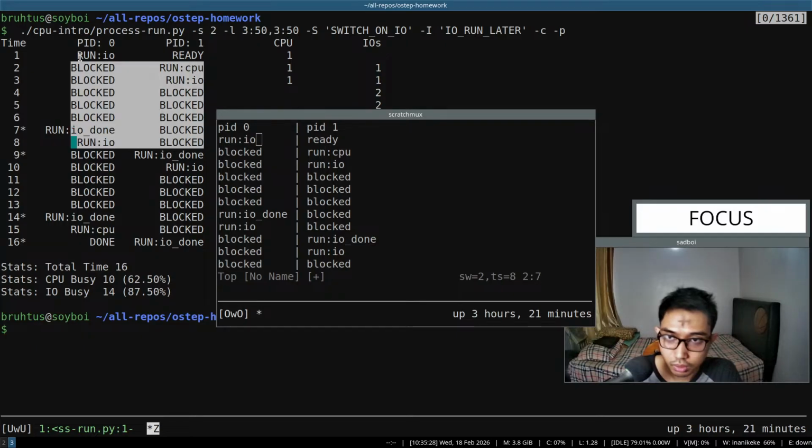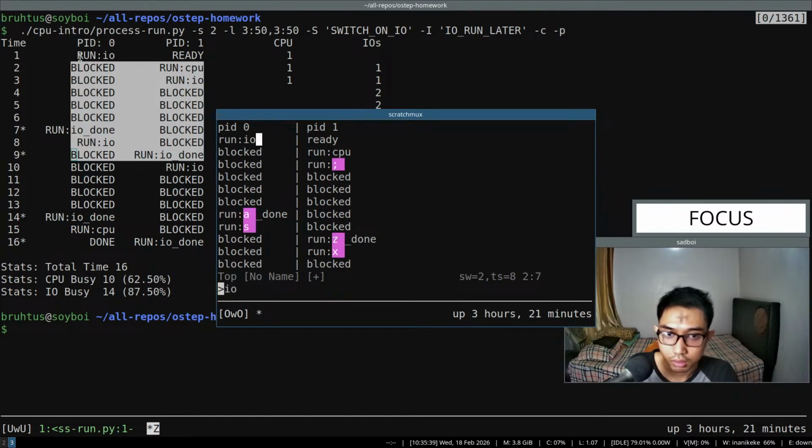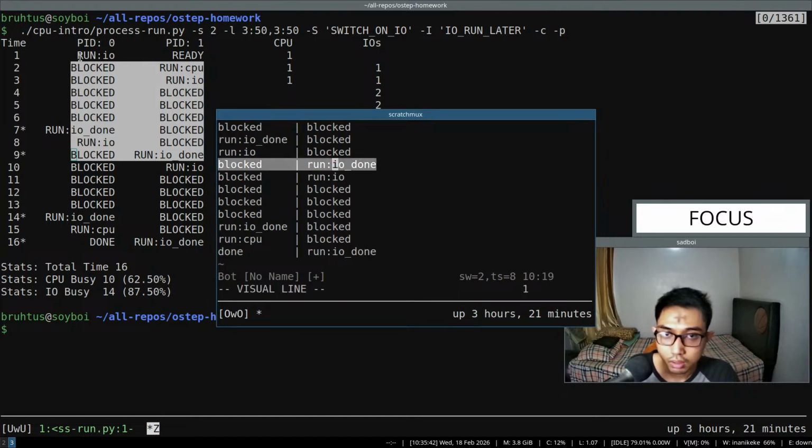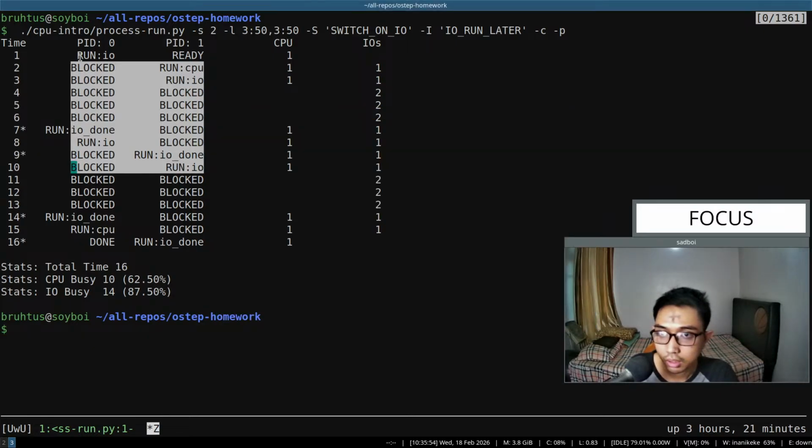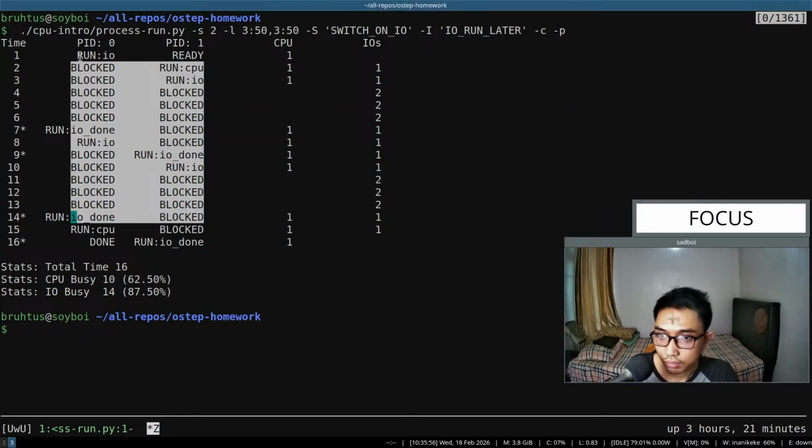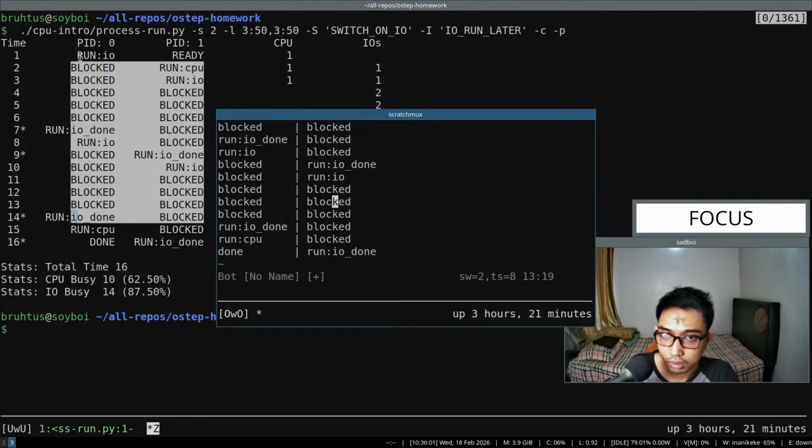Right, block again. Run input output. Okay. And then block, and then this one, right? Run input output done. Run again immediately. And then block. Okay. Output done in this one.